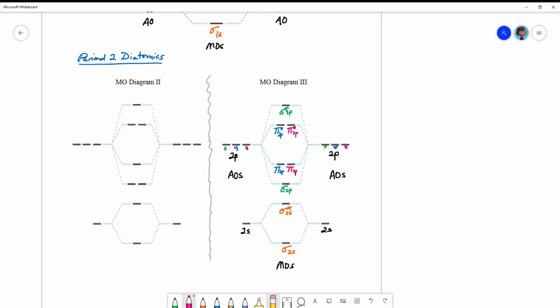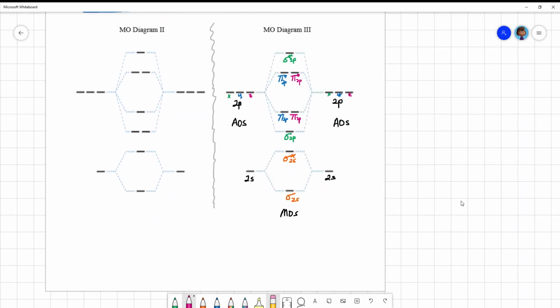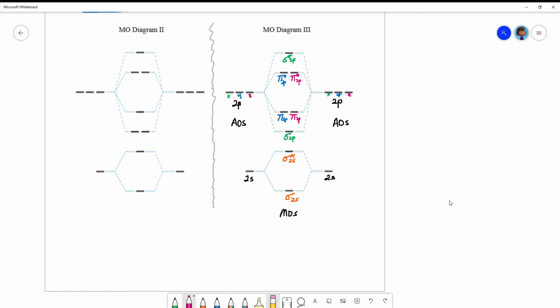Okay, now as it turns out, this molecular orbital diagram only works for diatomic molecules formed by elements in groups 6A, 7A, and 8A. So I'm going to make a note of that.